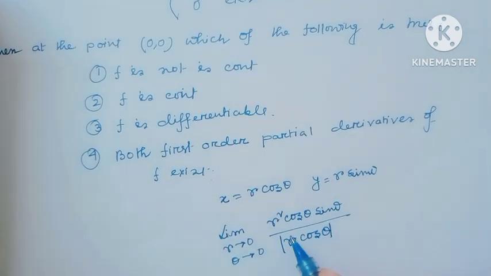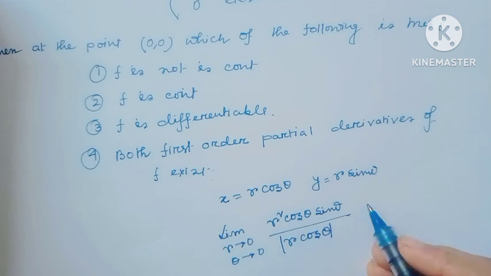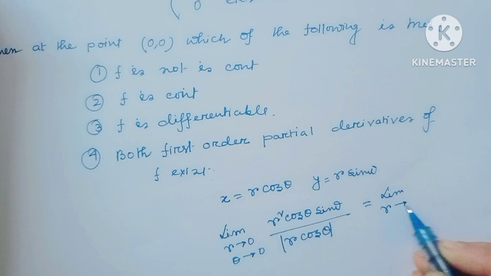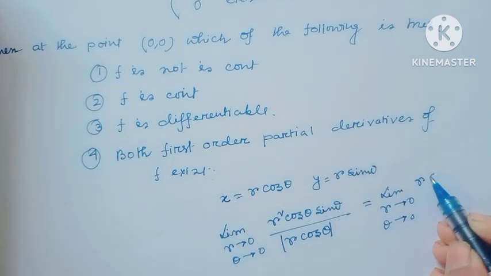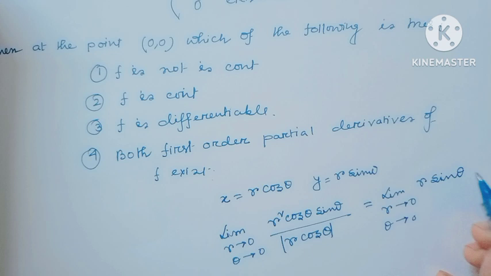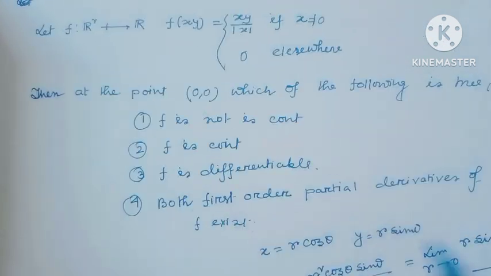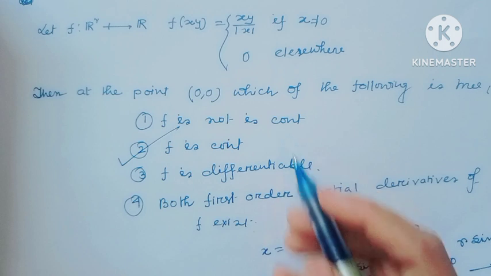So this value would be, just cancel r, the limit as r goes to 0, theta goes to 0, this value would be r sin theta, and as r goes to 0, this value tends to 0. So f is continuous at (0, 0).